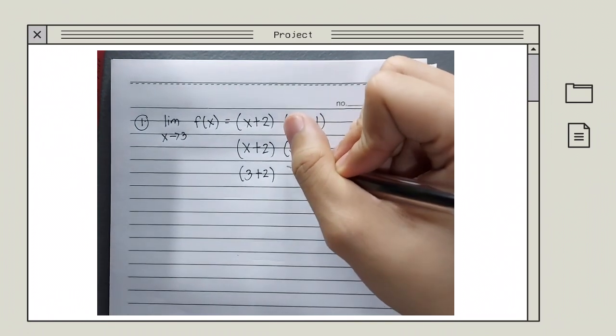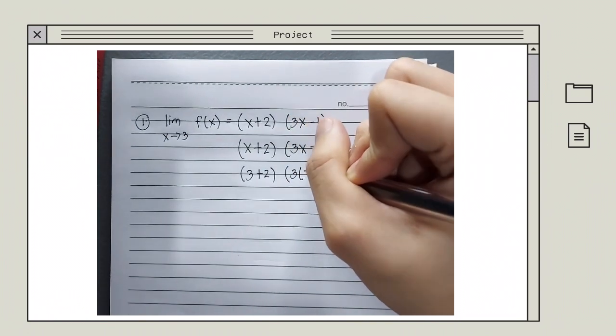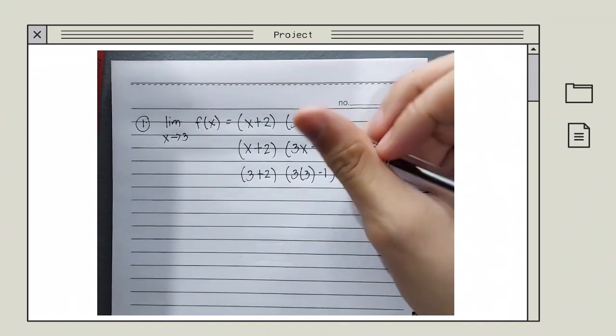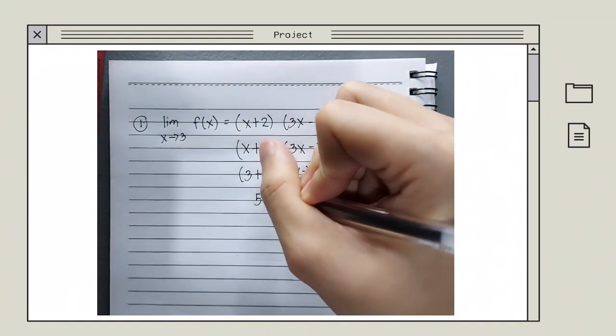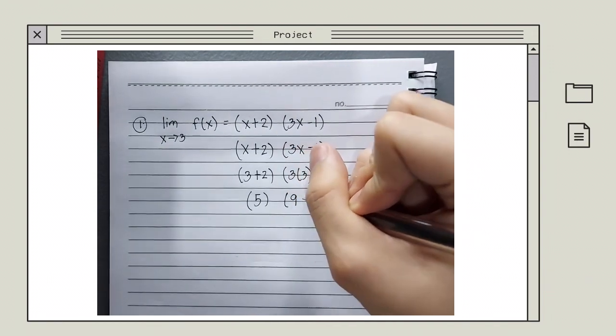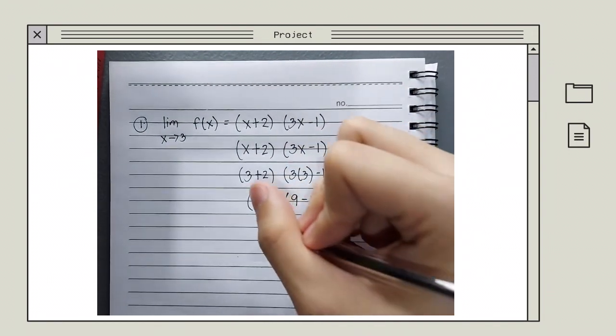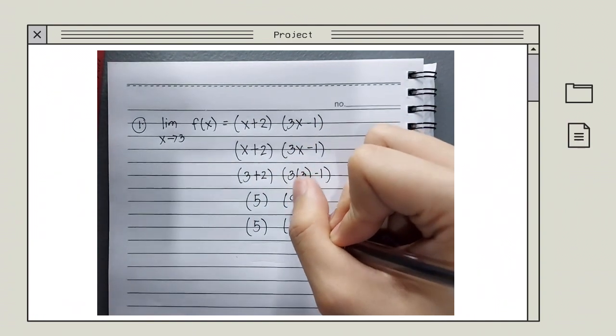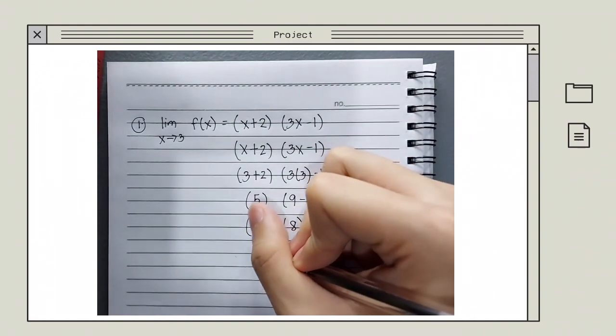So, ang kakalabasan is 5 times 9 minus 1. After that, ima-minus mo lang yung 9 and 1, so magiging 5 times 8. Lastly, ipag-multiply lang natin yung 5 and 8. So, ang limit ng function ng graph na to is equals to 40.